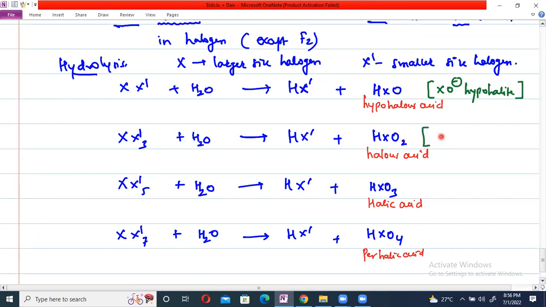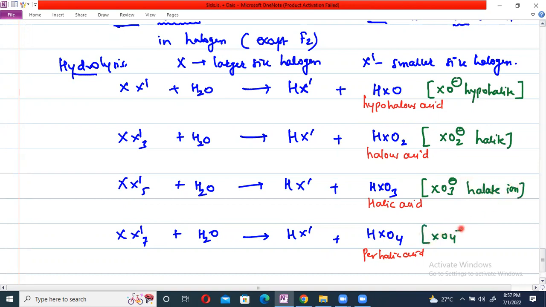If you take out the H from here, I will get ClO2 negative, means XO2 negative. Here, the salt of hypohalous acid is called hypohalite. The salt of halous acid is called halite ion. Then the salt formed by halic acid is XO3 negative, which is called halate ion.